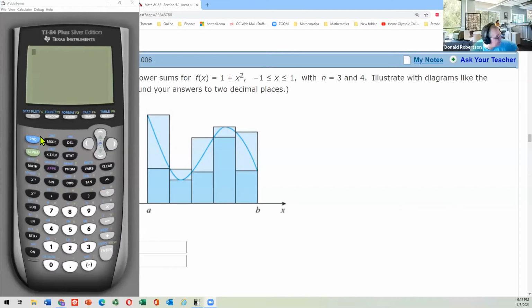So I'm going to use my little TI-84 emulator. And I'll show you a little trick that some of you might want to use. It's up to you. Go to your calculator, type in y equals, and put whatever the function happens to be. In this case, 1 plus 2x squared.